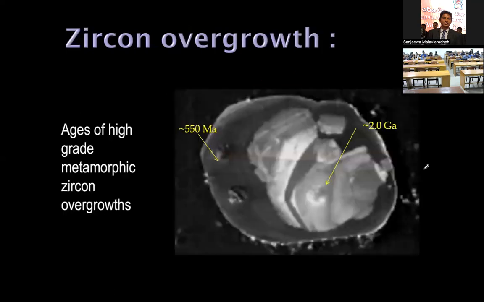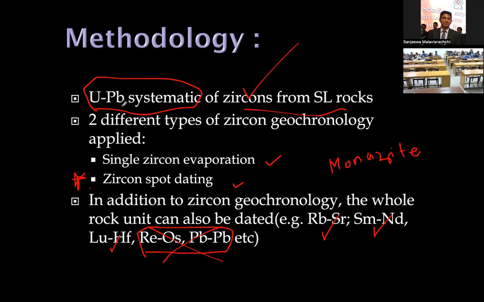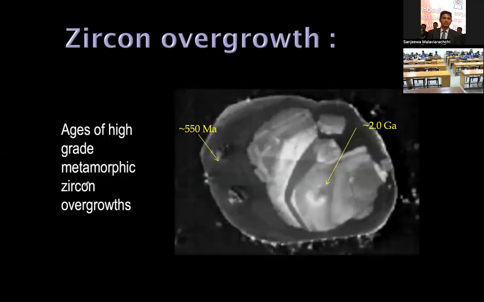So when we consider the zircon spot dating, we use the zircon itself directly, right? There is something called a zircon mount, which is a rounded, disc-like thing, very small, like 1 inch diameter, and there many zircon grains will be pasted, separated from the rocks. These zircons later will be polished by a grinder, like we do for thin section preparation.